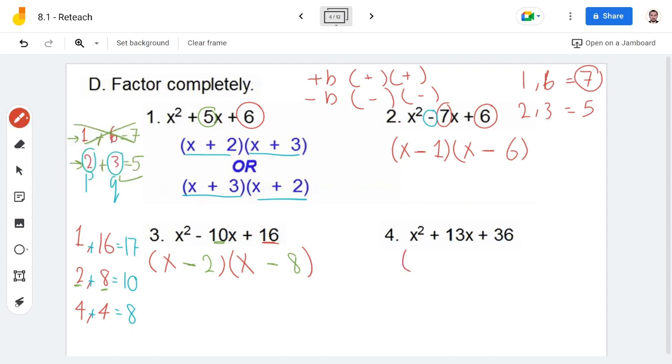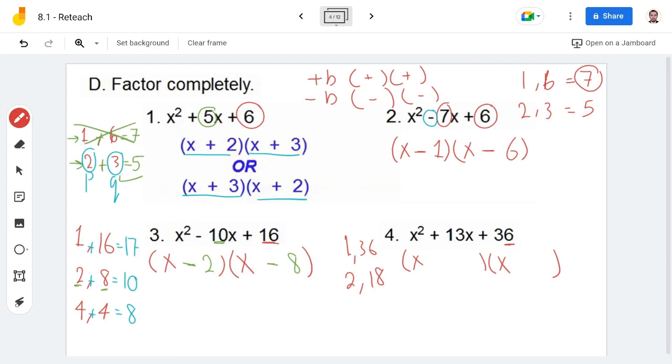First of all, open two brackets, x, x. Now find the factors of 36. What are the factors of 36? 1 and 36. What else? We have also 2 times 18, which is equal to 36.